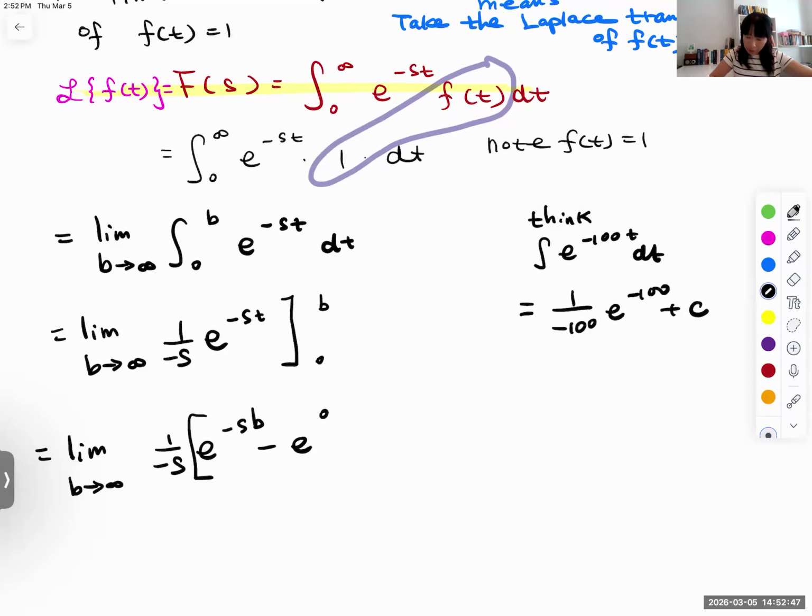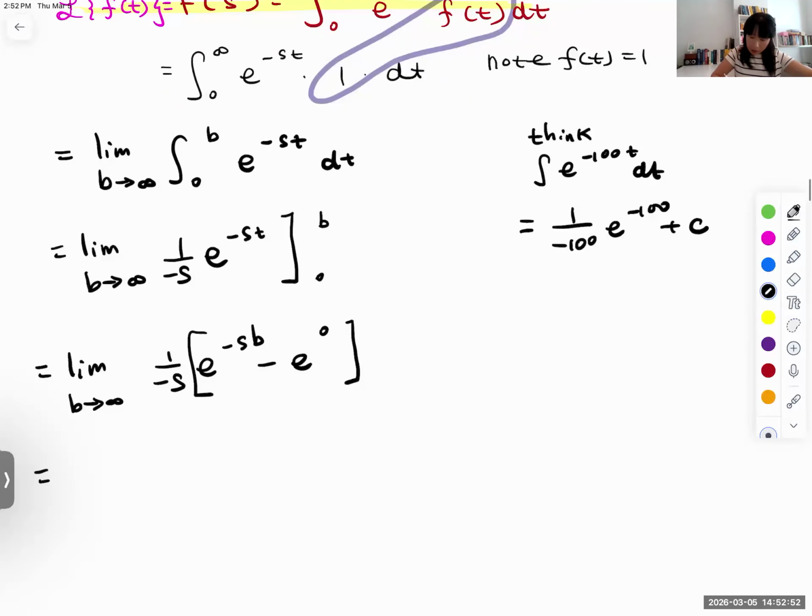So there will be the limit as b approaches positive infinity of 1 over negative s e to the, let me arrange, we can say this one is e to the sb, right? Plus 1 over s. E to the 0 power is 1, right? So it is like that, right?